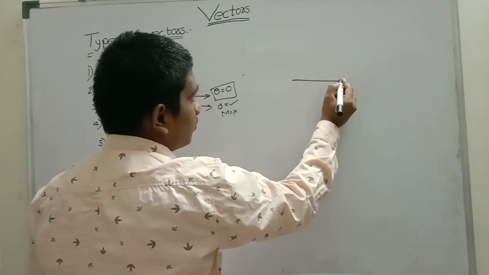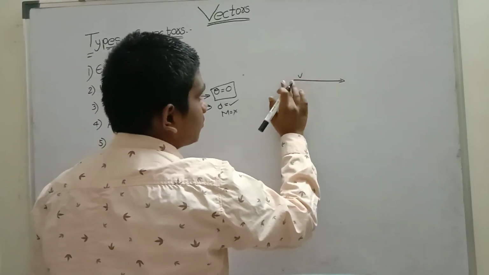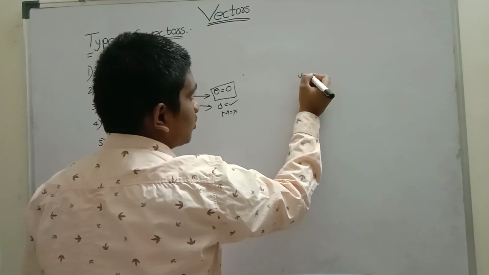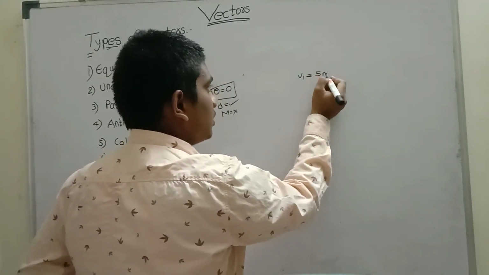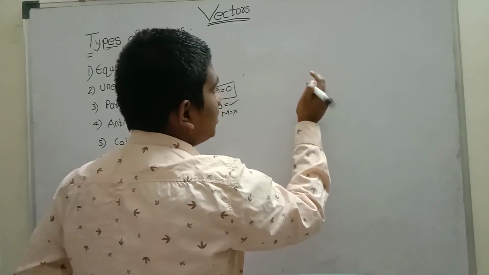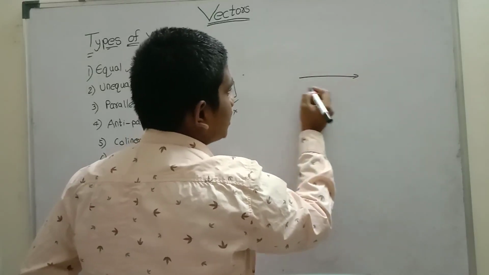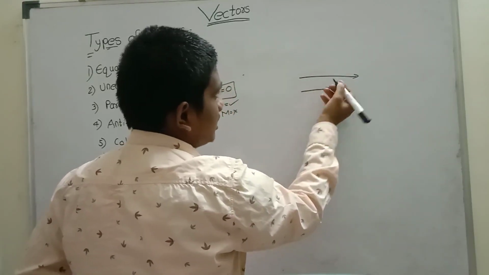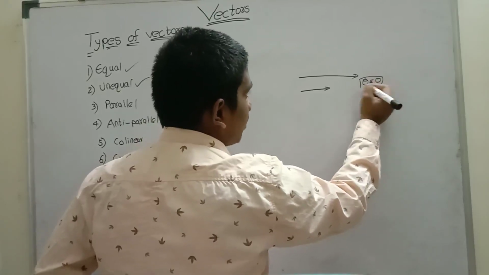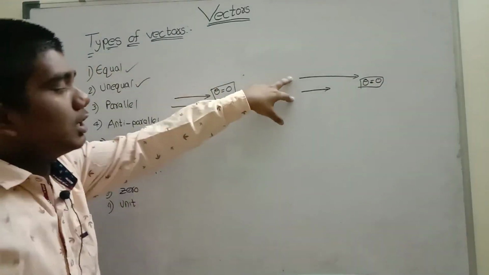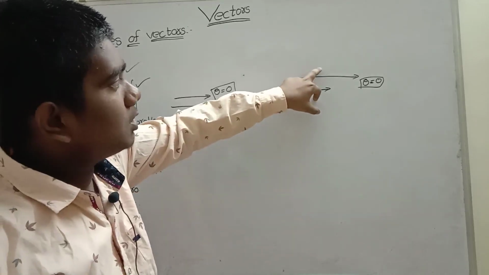Let us see one example. Vector V1 is equal to 5 meter. Simply we can show it like this. These are parallel, the angle between them is 0. Both are in the east direction, and the angle between them is 0.